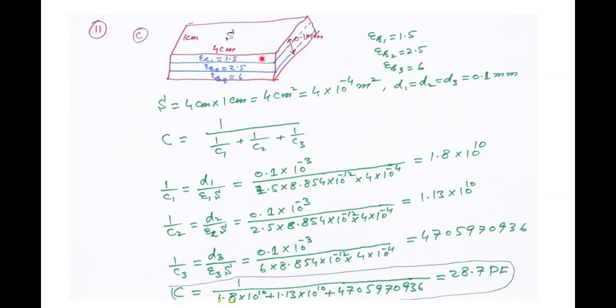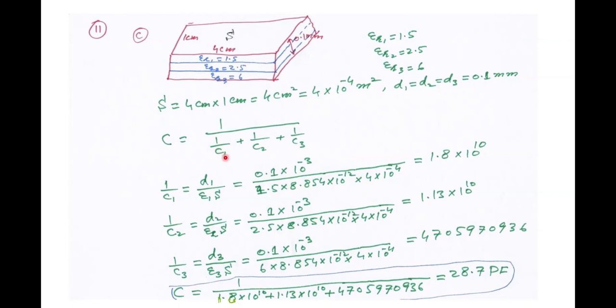Whenever the interfaces between the dielectric materials are parallel to the conducting plane, that structure actually represents a series combination. In series combination, we determine the capacitance using this relation.